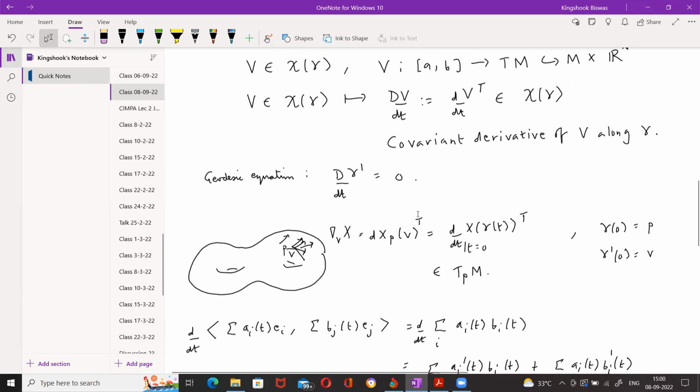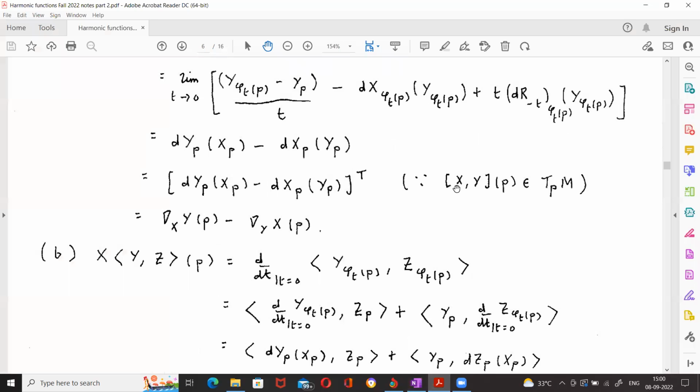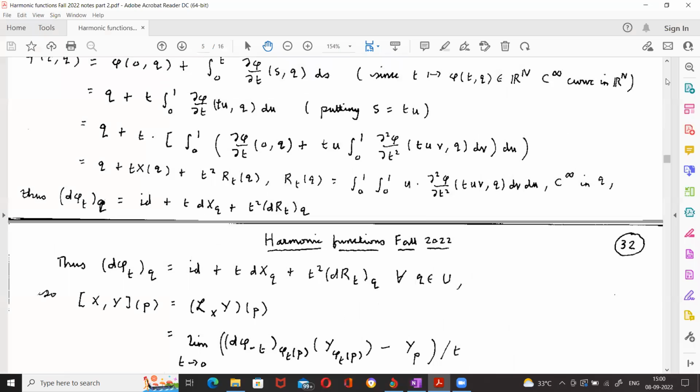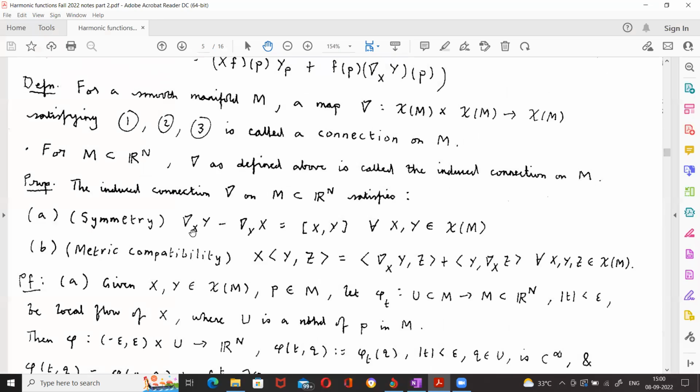And so then we define the notion of connection, and we are able to define a connection on any submanifold of Rn called the induced connection. Okay, so in addition to the usual 3 axioms for a connection, it satisfies these other 2 properties, symmetry and metric compatibility.